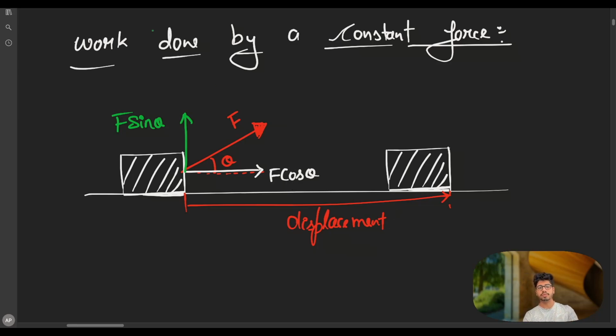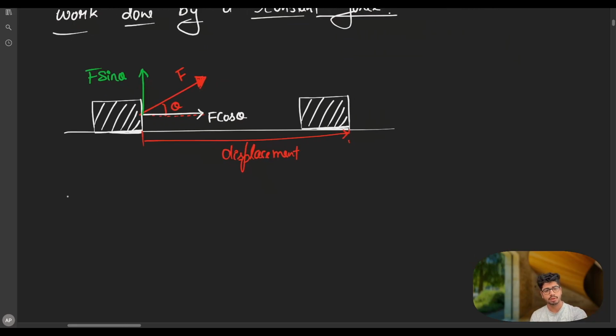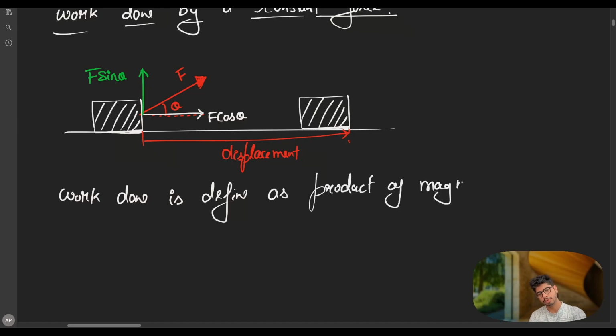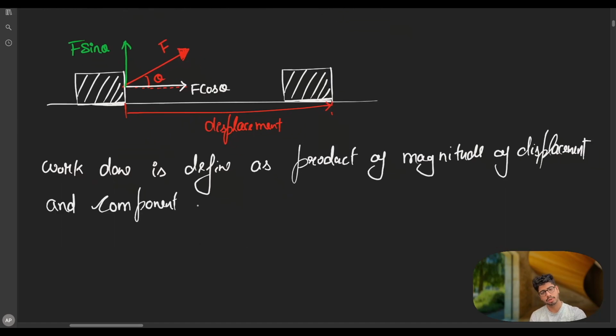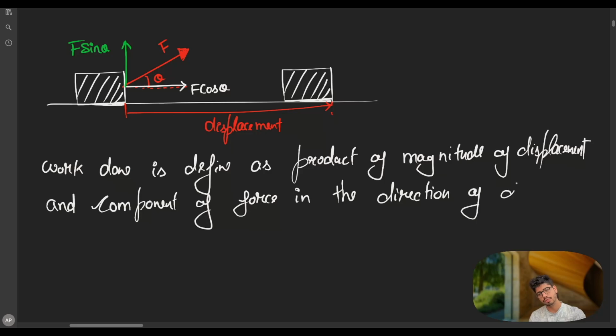So how do we define work done? Work done is defined as the component of force in the direction of displacement, times displacement. We take only that component because it alone is responsible for dragging the block horizontally.